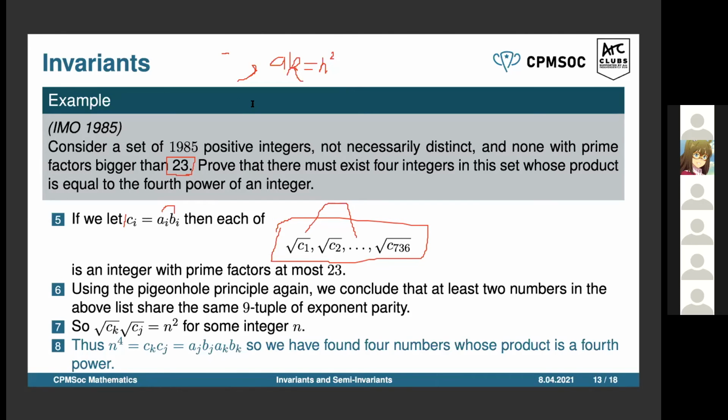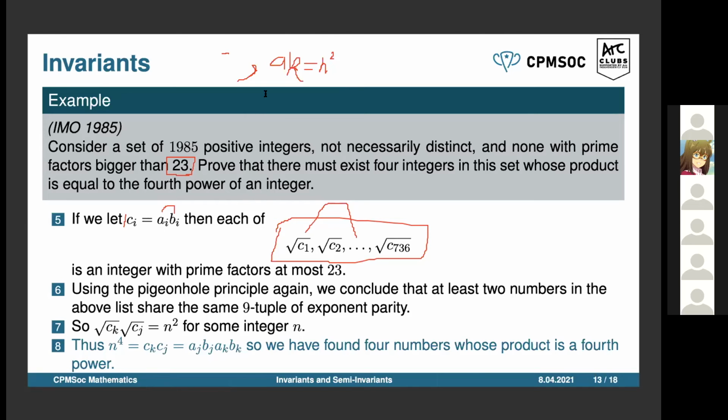Next thing we did was repeatedly use the pigeonhole principle to find 736 pairs of numbers whose product of each pair is a perfect square. And so the pigeonholes in that case would be the 512 different parities of exponents. Then we can take all the products of numbers in the pairs, so those are your C's, and take the square root.